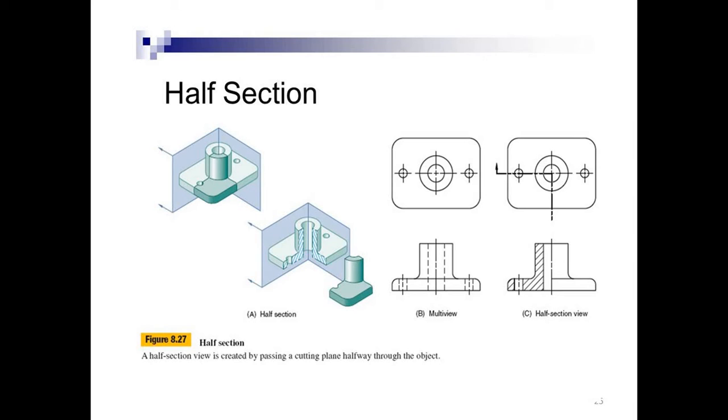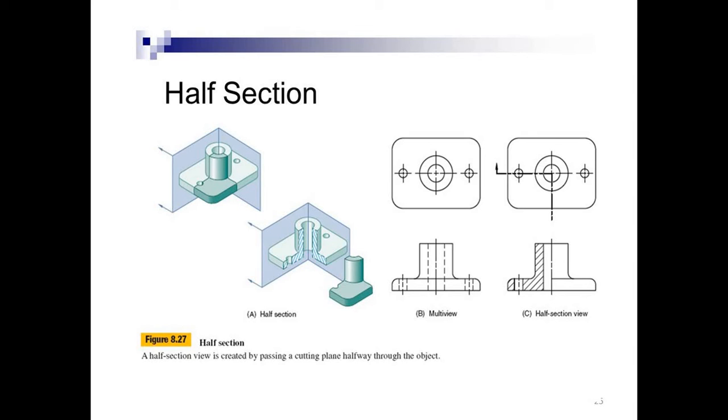Again, here is one more example of a half section. Same as the previous example, it is again one type of example. Again, that curved portion has a half section. A half section view is created by passing a cutting plane halfway through the object.